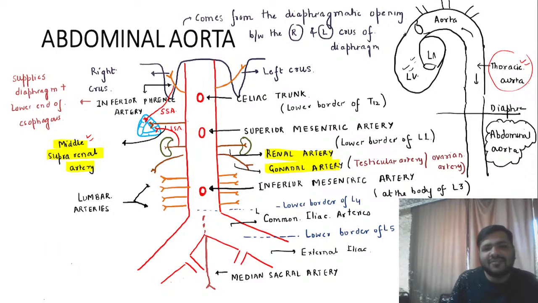It is the left common iliac artery and the right common iliac artery. Yes. So lower border of L5, it will divide into the external iliac artery, and this one, guys, it is the internal iliac artery. Internal iliac artery.